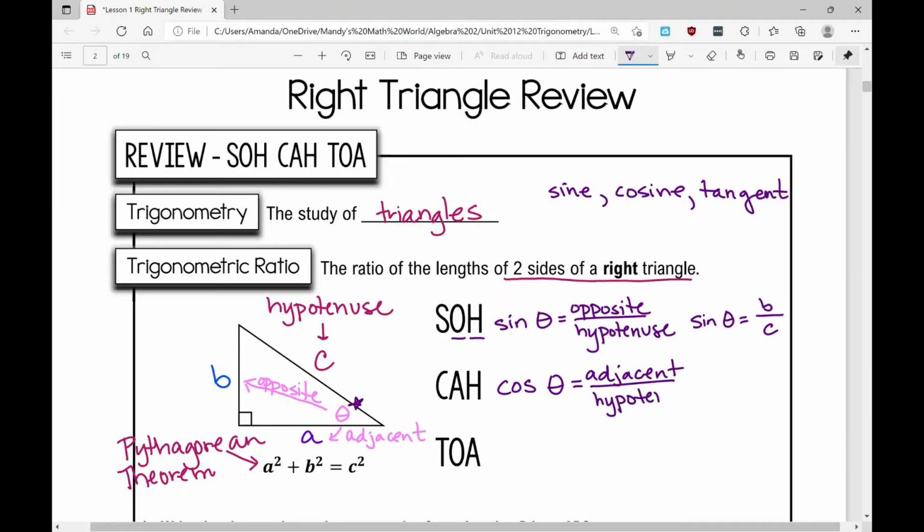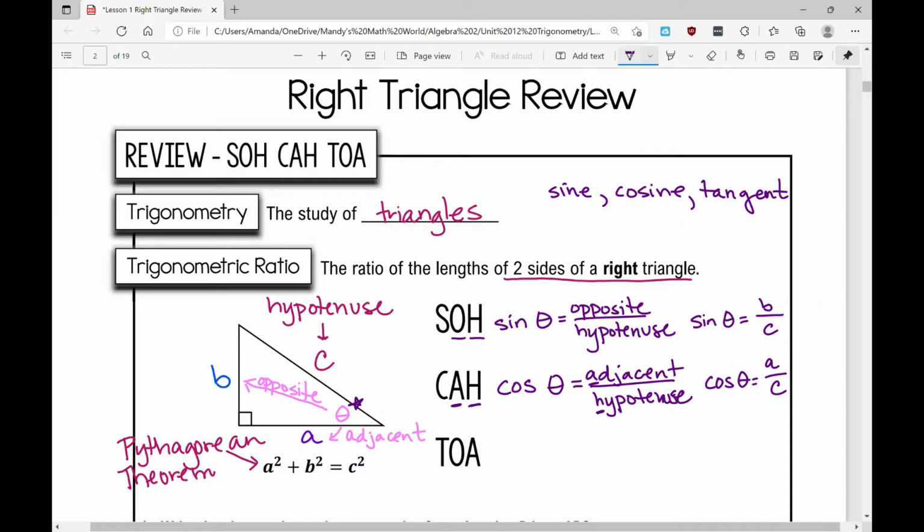So obviously that's adjacent, there's the A, over the hypotenuse, there's the H. That's how we can remember this, SOHCAHTOA. So how I might write that is the cosine of this angle measure right here. The cosine of theta is the ratio of this side over this side, so A over C. I'm going to erase those lines now.